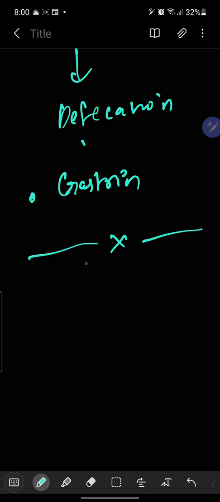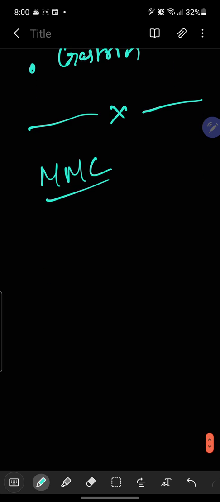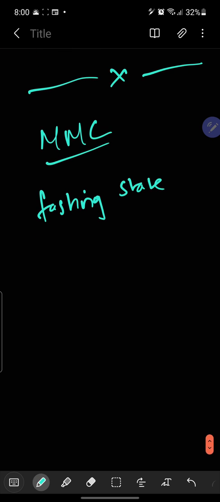Now coming on to the migratory motor complex, MMC. The migratory motor complex is a motility pattern during the fasting state. It has 3 phases.